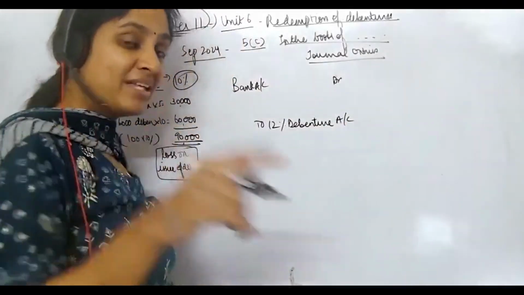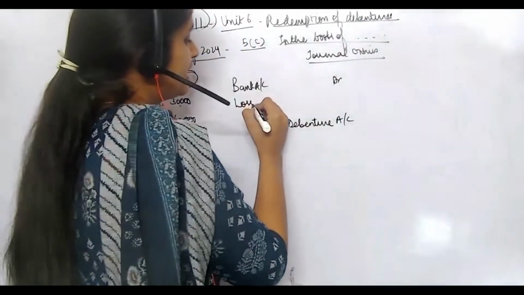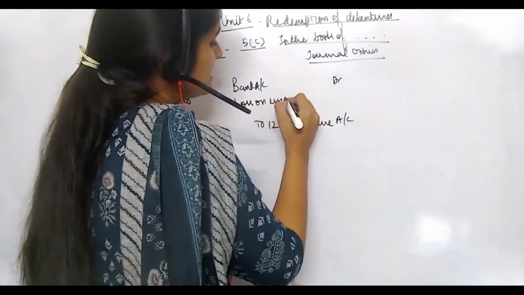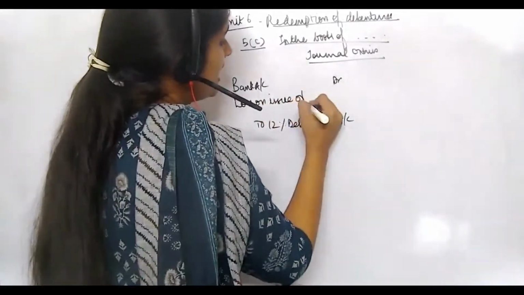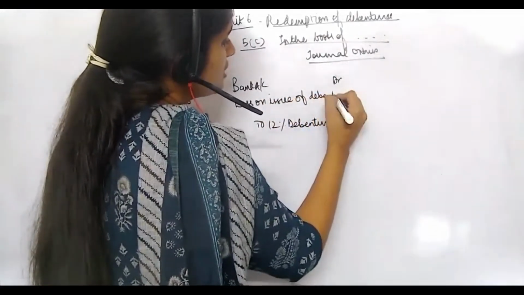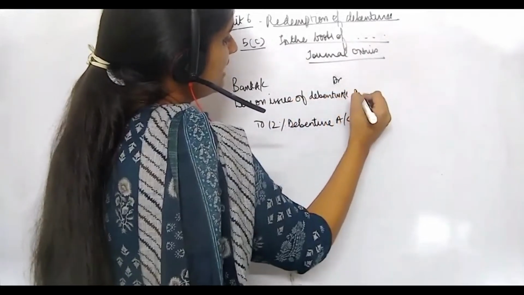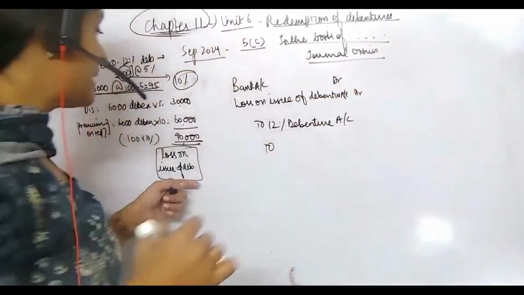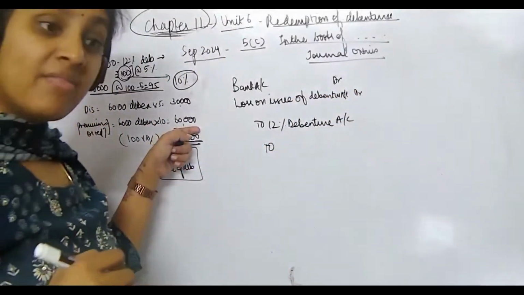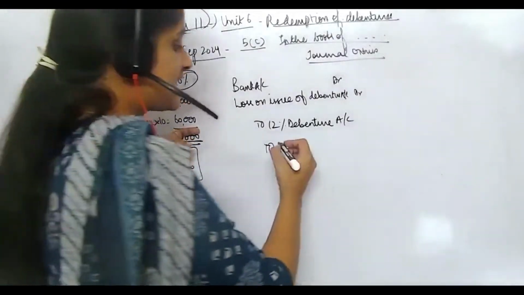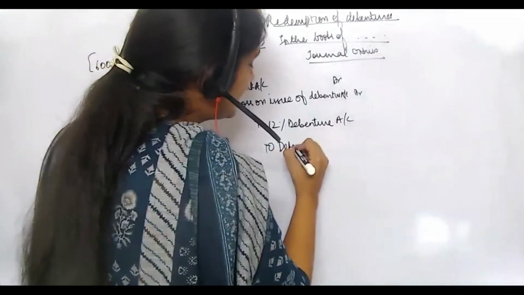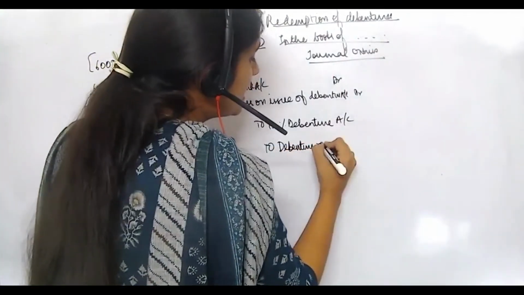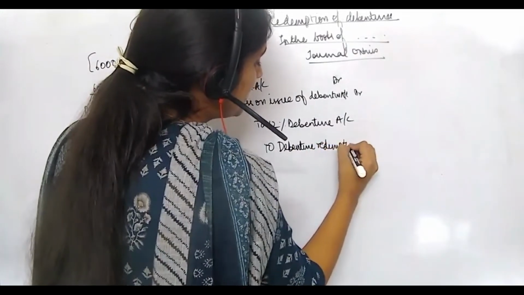But if I am having the discount, I will be showing it on the debit side. That is nothing but loss on the issue of debentures. All of you clear? That I will debit. When you are having a premium on redemption, that will have two effects I told you. You will write that as debenture redemption reserve.